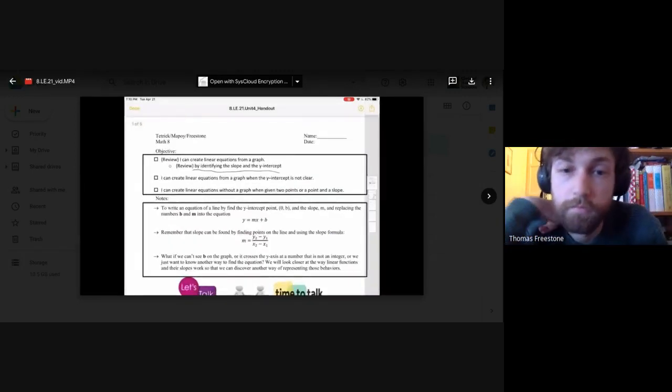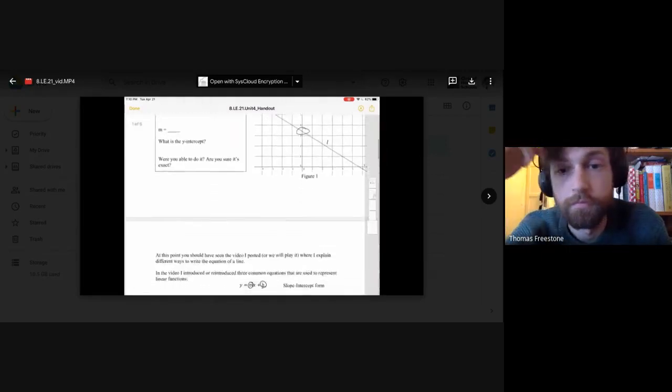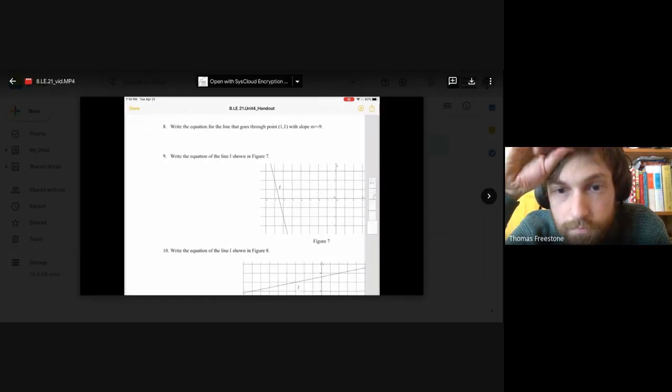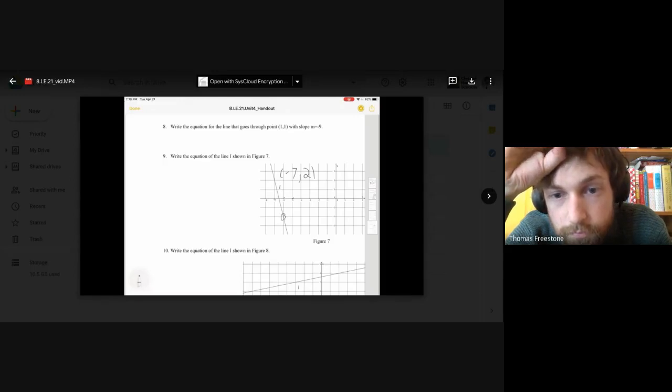So if I show you this example here, take for example this problem from the independent practice. I can identify one point of this line is negative 1, 2, 3, 4, 5, 6, 7. So there's a negative 7, and then up 2. So this is the point negative 7, 2. And it looks like there's another one here that is negative 6 and negative 2.